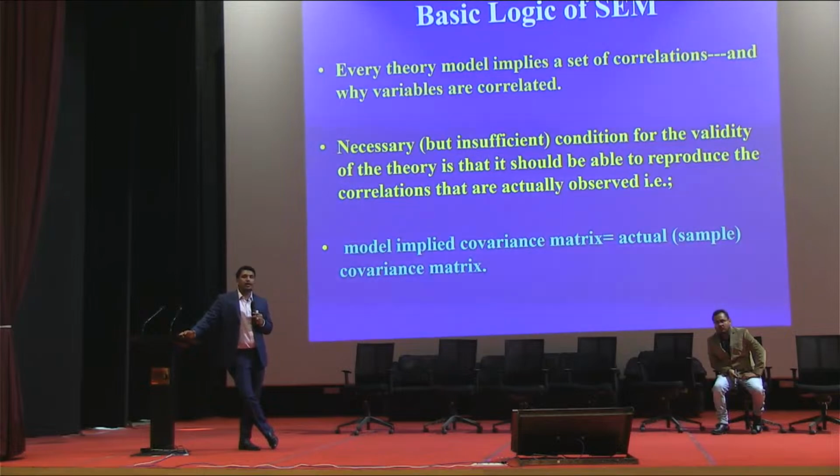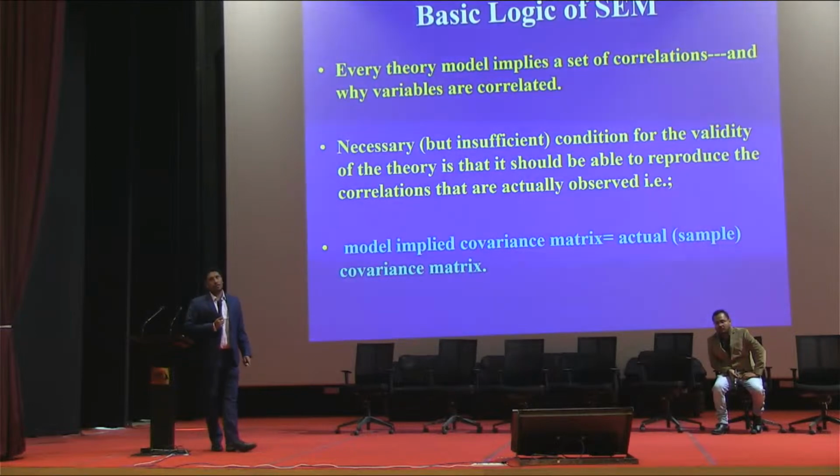We can only check for those variances and covariances which we have hypothesized, and once we find that the same patterns also exist in our model, then we can say whether our model is a good fit with the data or not.